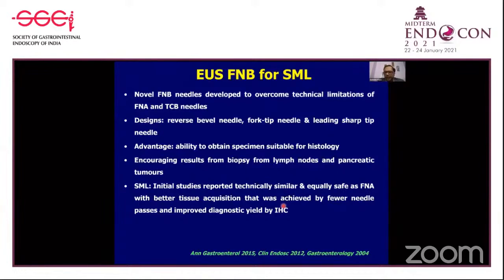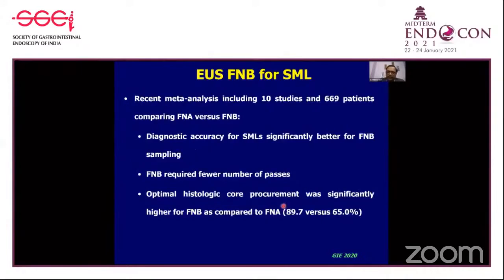The studies have reported FNB as technically similar and equally safe as FNA, with better tissue acquisition achieved with fewer needle passes and hence improved diagnostic yield by immunohistochemistry. This is a recent meta-analysis published on the role of EUS FNB for submucosal lesions, which included 10 studies and 669 patients comparing FNA versus FNB.